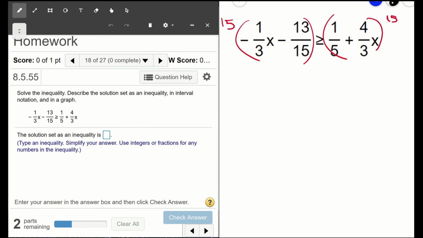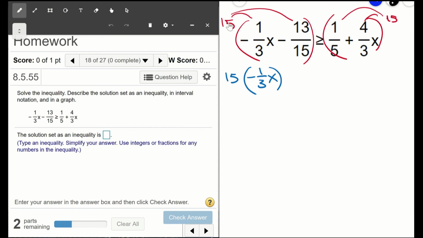Now, we do need to, of course, distribute. Now, 15 is positive. We don't need to worry about changing the direction of the inequality, but we still need to distribute. So we get 15 times negative 1/3 x.